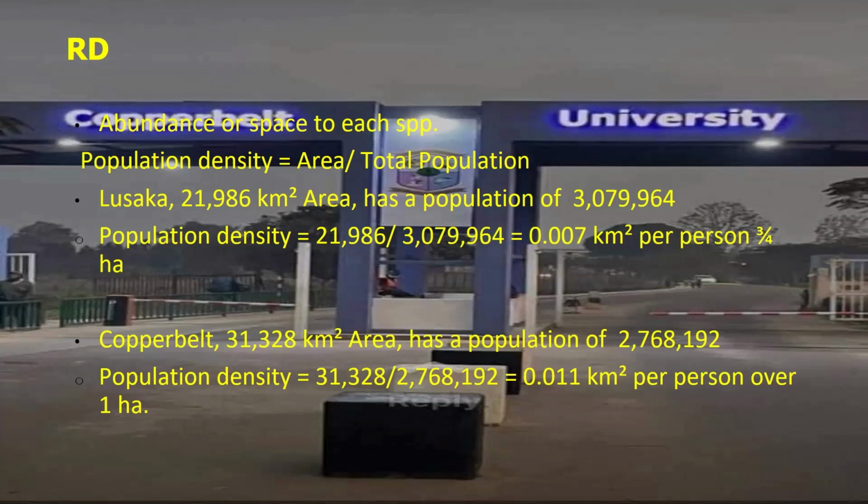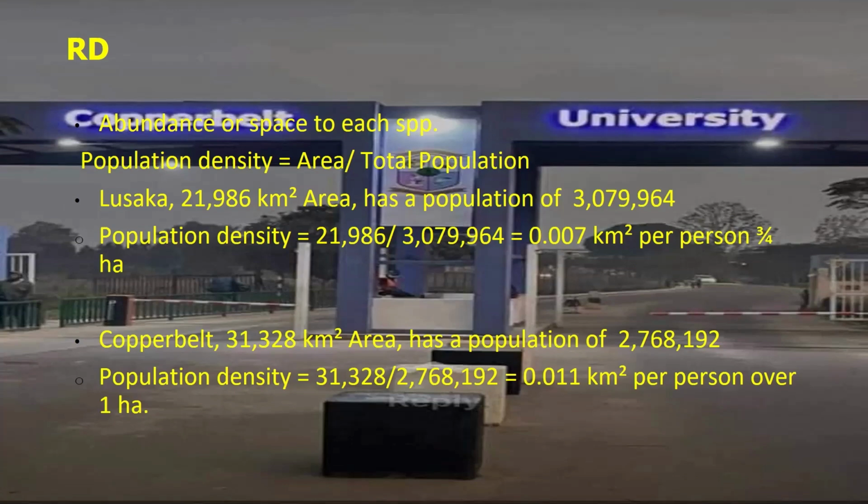So take away the fact that there's Heroes Stadium, there's Woodland Stadium, East Park Mall, assuming that it's only people. If every individual living in Lusaka was allocated a plot, every individual will be given a size of about 0.07 kilometer square per person, which translates to just about 3/4 of a hectare.